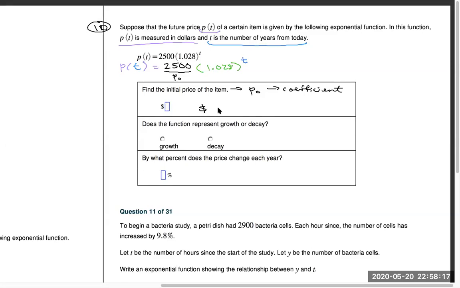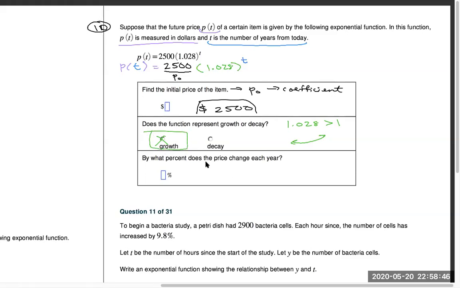So it would be $2,500. Does the function represent growth or decay? So right here, we see that 1.028 is our base. That's greater than 1. So we're going to have growth in a graph. If we graphed it, that looks something like this.